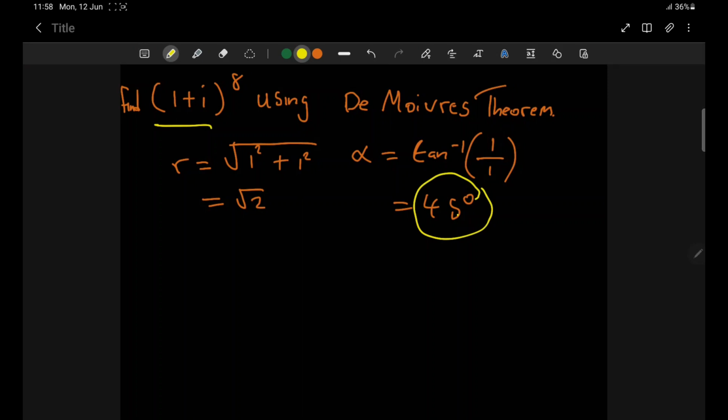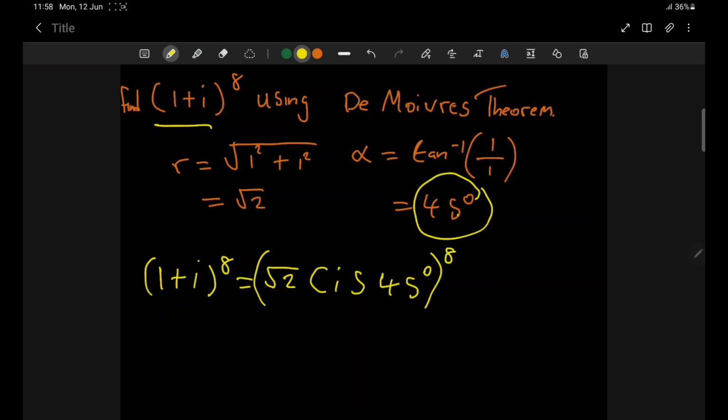So writing it in polar form, we'll have 1 plus i raised to 8 equal to square root of 2 cis 45 degrees, and then this whole thing is raised to 8.